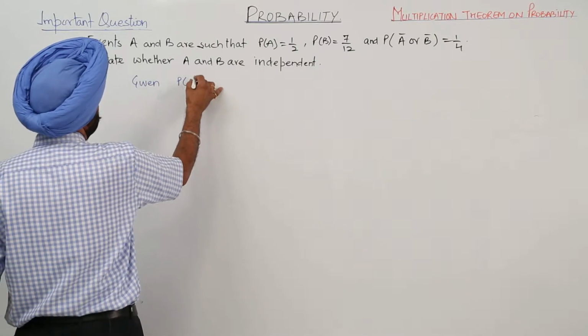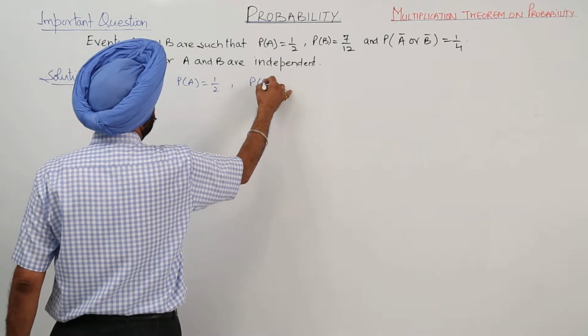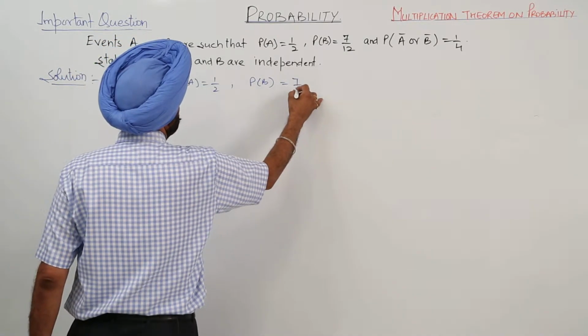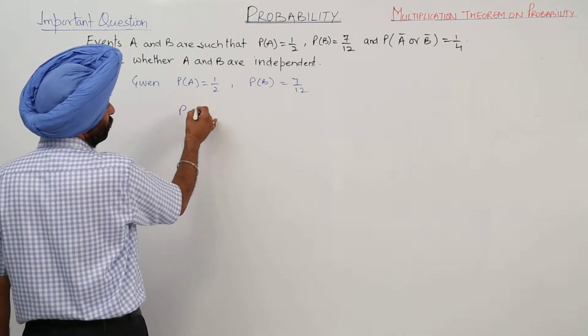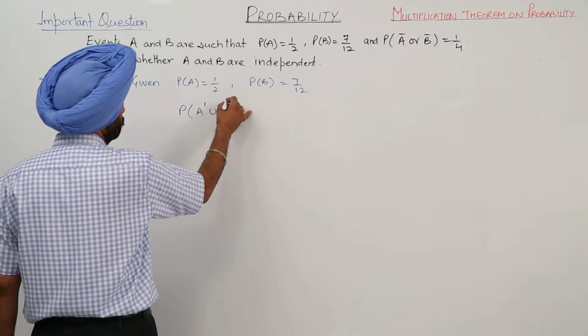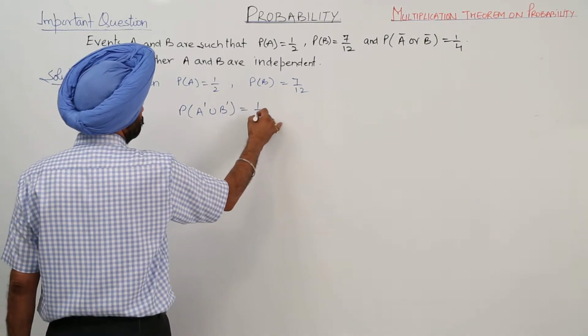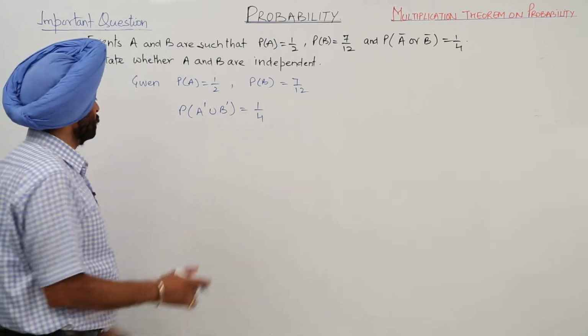Given probability for A is 1/2, probability for B is 7/12, and probability for A' or B' is equal to 1/4. Now let us check this part.